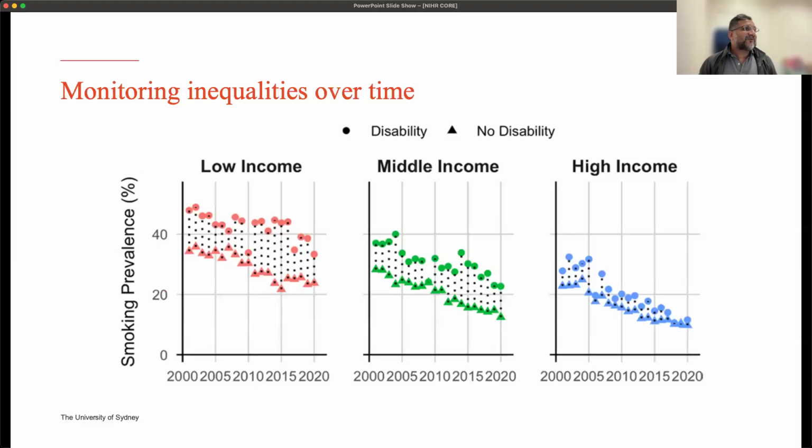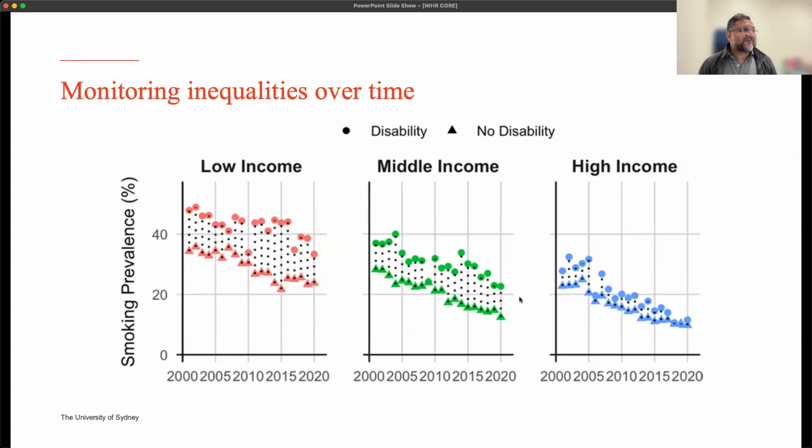So for monitoring inequalities over time, this is a really interesting example and a tool that I think a lot of people can use, which a colleague of mine, George Tisney from the University of Melbourne, devised. So you can see this is the smoking inequalities, so differences in smoking status by disability among low, middle, and high income groups. And you can see overall, everywhere you can see a good story that the smoking prevalence is going down across the groups.